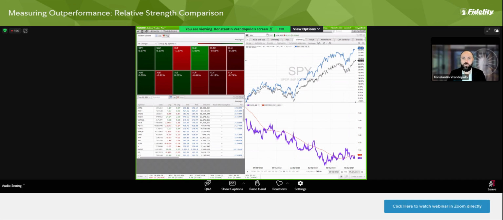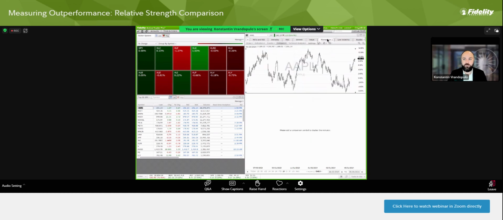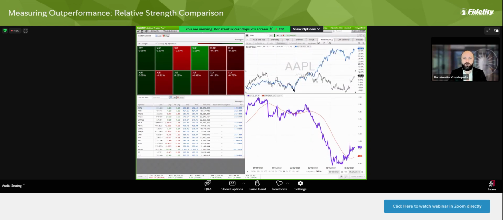Not only do I want to know what S&P is doing relative to growth, relative to value, relative to momentum, relative to low volatility, but what the individual stock is doing relative to growth, relative to value, relative to momentum. So I can go through 50 symbols and 5 different iterations of those comparisons, right? Very quickly without having to change any settings or manipulate my chart in any way.